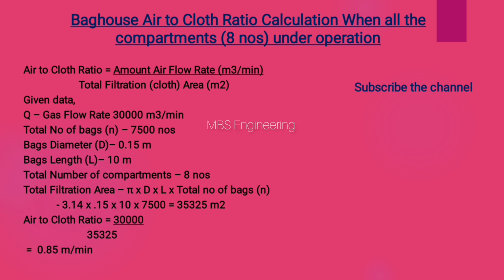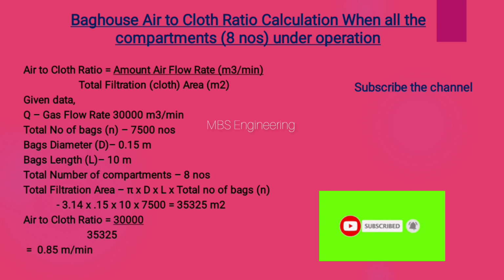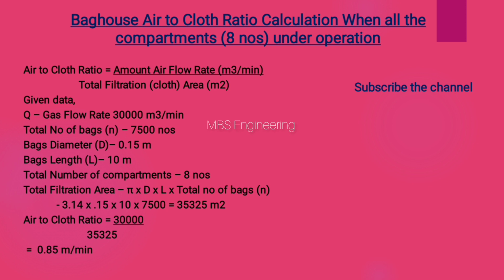Total filtration area equals pi multiplied by D multiplied by L multiplied by the total number of bags, N. Based on the above data and equations, the total filtration area is 35,325 square meters. Next, the air to cloth ratio is the air flow rate divided by the total filtration or cloth area. We get the air to cloth ratio as 0.85 meter per minute.